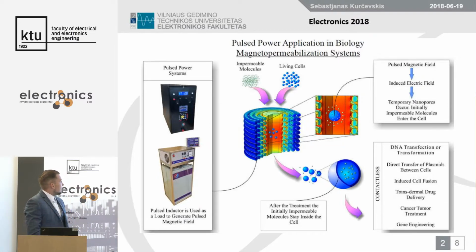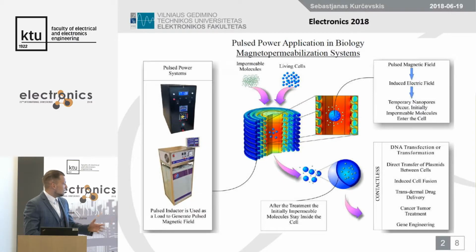So we basically have a pulsed power system, we have the coil, and we have impermeable molecules, and we have also living cells. We place it all together. Then we have the pulsed magnetic field, we have an induced electric field, and we can receive temporary nanopores.